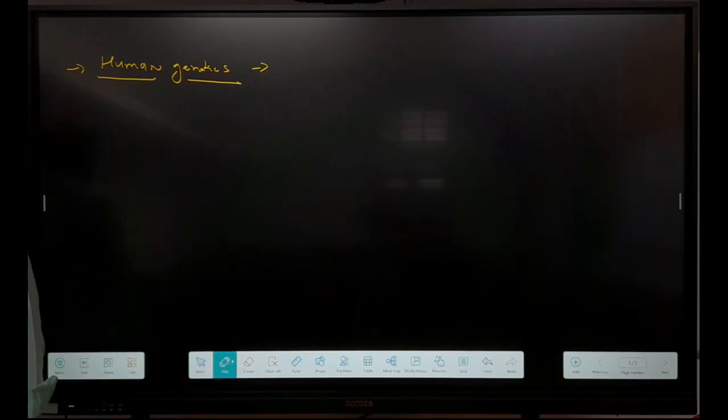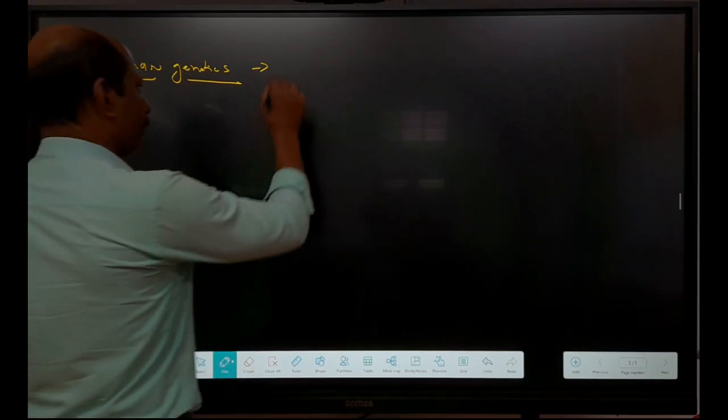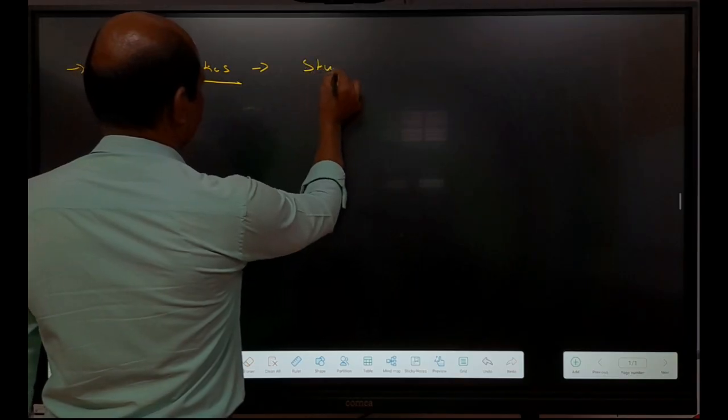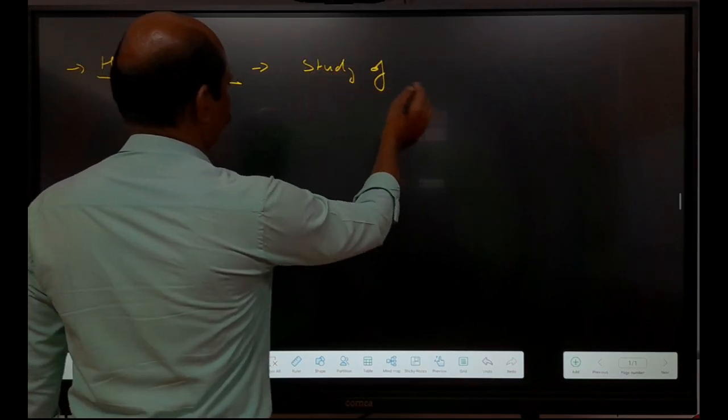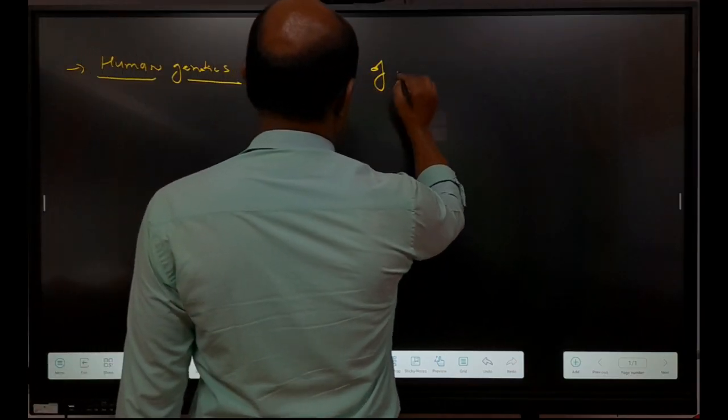You understand what is there? The study, we can see here, of genetic traits.